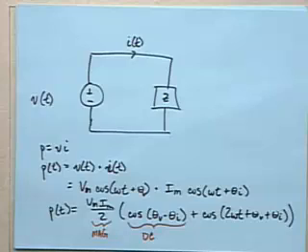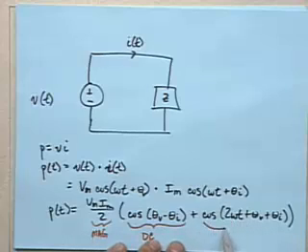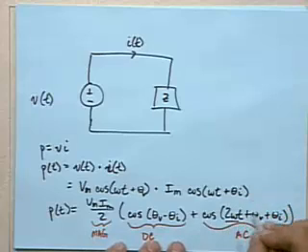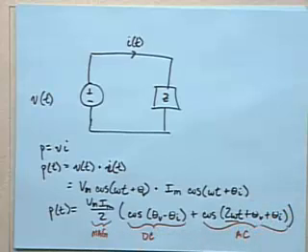Cosine of an angle gives you a number, scaled by the magnitude of whatever voltage times current over 2 is. Then the AC component, interestingly enough, operates at twice the frequency that the current and the voltage do, which is interesting and somewhat unexpected if you sit down and think about it.